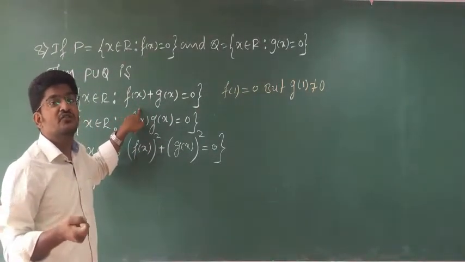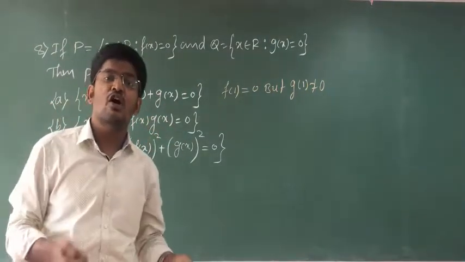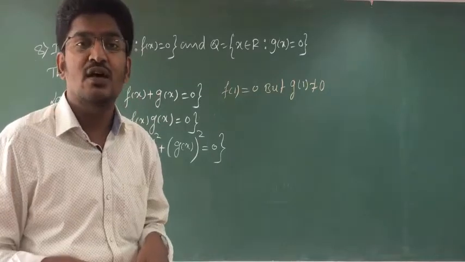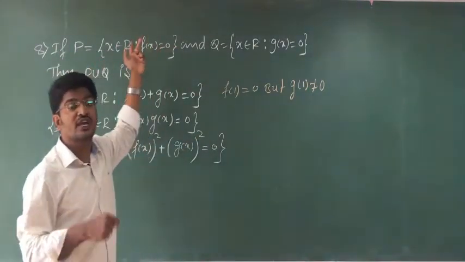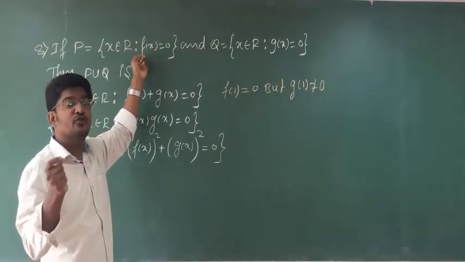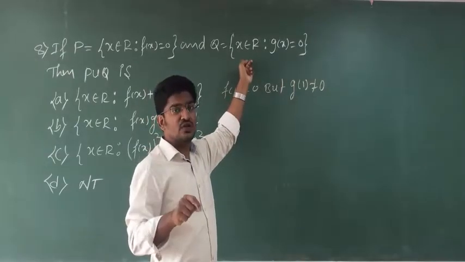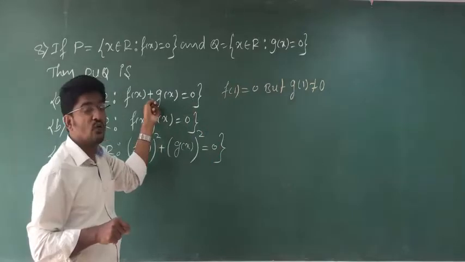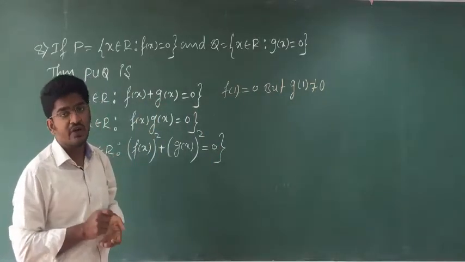If there is no difference between f and g, you can call both f or you can call both g. But what is the set? See, they have written two different sets, P and Q. In P only the elements where f is 0, in Q only the elements which make g 0. If you consider this, both f and g will be the same functions.